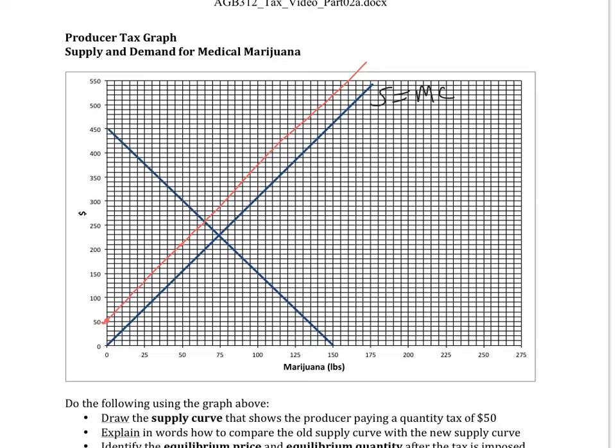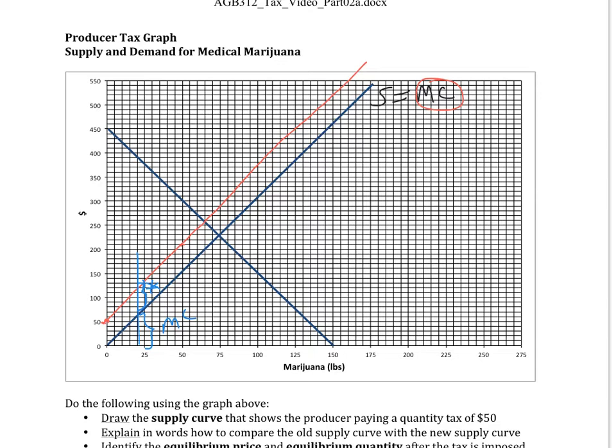The issue is, it's not really a supply curve per se in terms of showing the marginal cost. In a way, you could see it as at any particular level of output, at that vertical slice, we have the marginal cost, and then we also have whatever is being produced, they also have to make sure to collect $50 for each unit produced, and that's what this gap is.